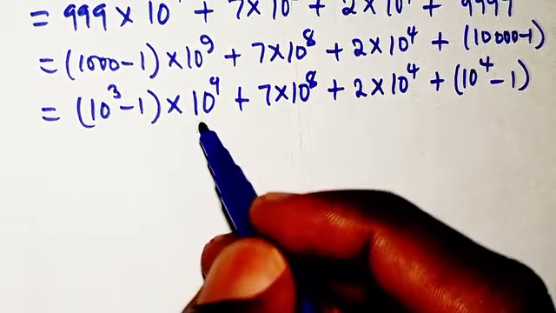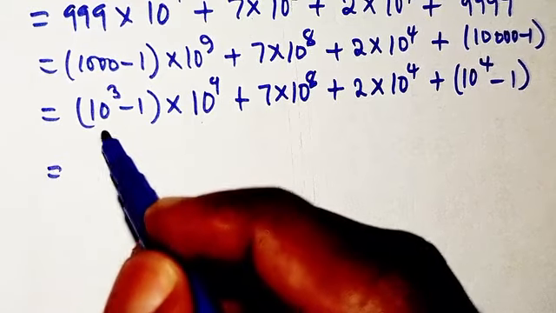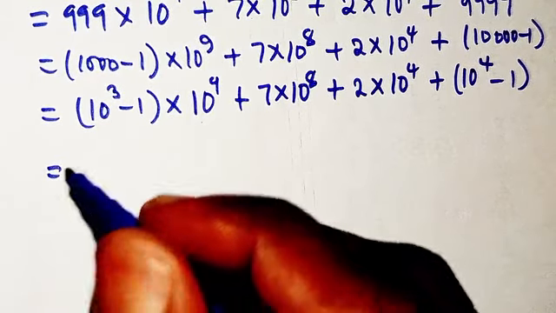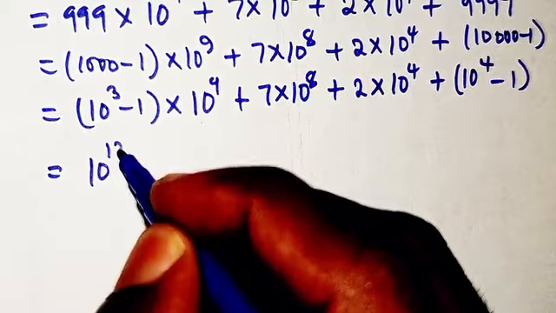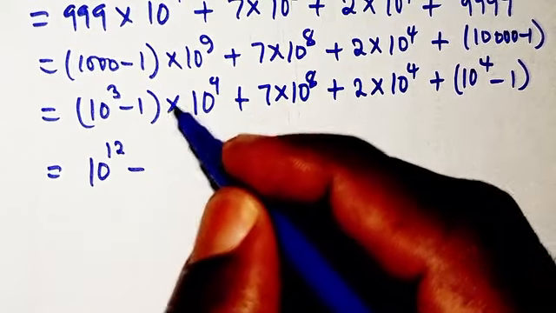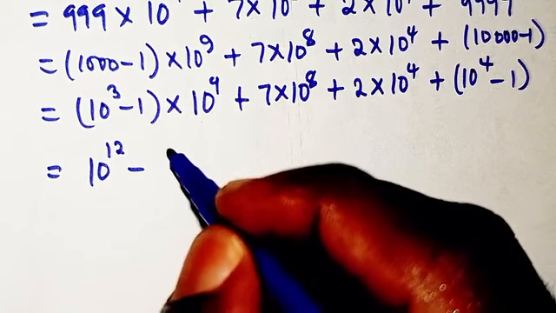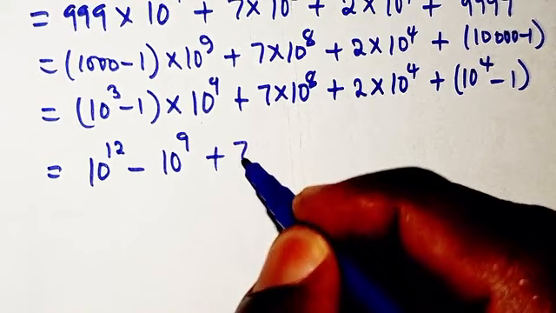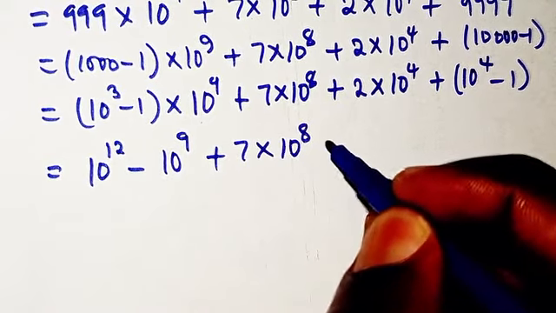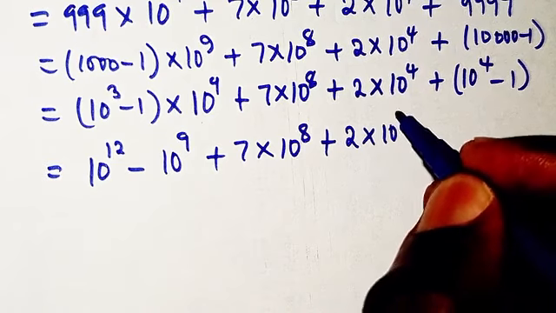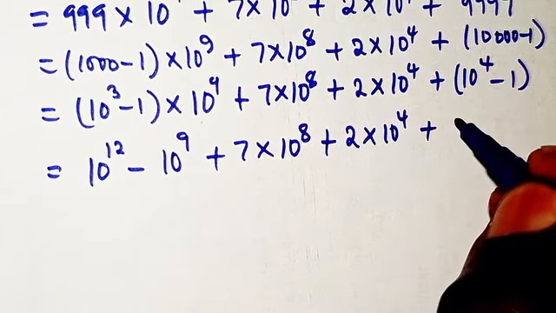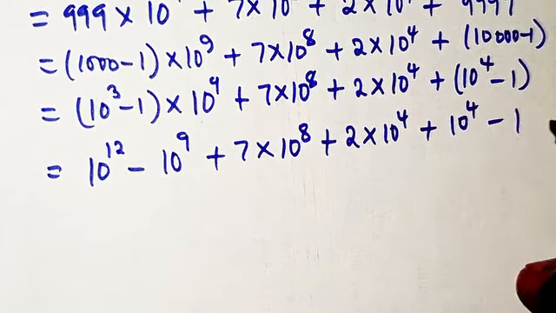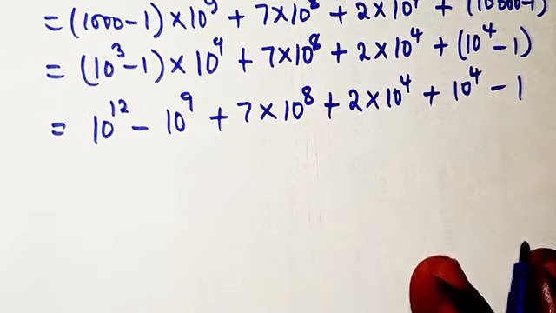Now let's try to open the bracket. So we're going to see that 10 to the power of 3 times 10 to the power of 9, we're going to have 10 to the power of 12, then minus 10 to the power of 9 multiplied by 1. So this one is going to be 10 to the power of 9 minus, then plus 7 times 10 to the power of 8, plus 2 times 10 to the power of 4, then plus 10 to the power of 4 minus 1.